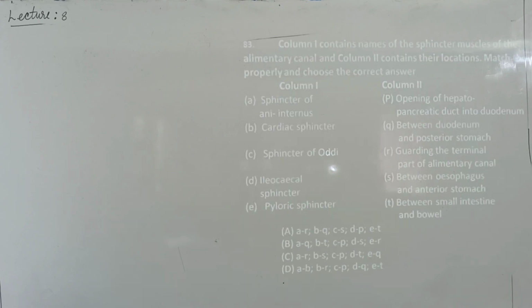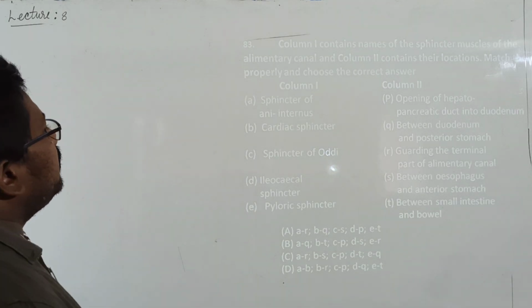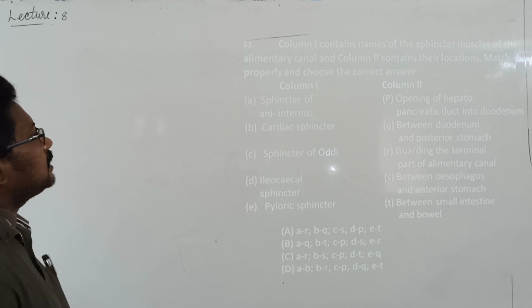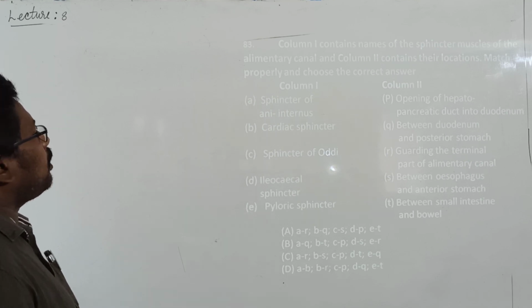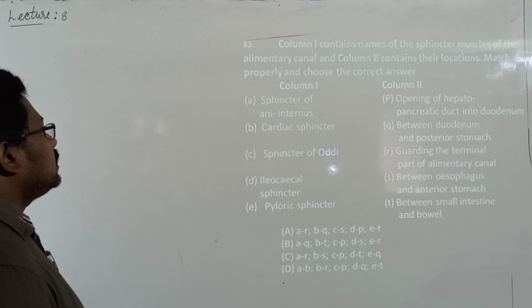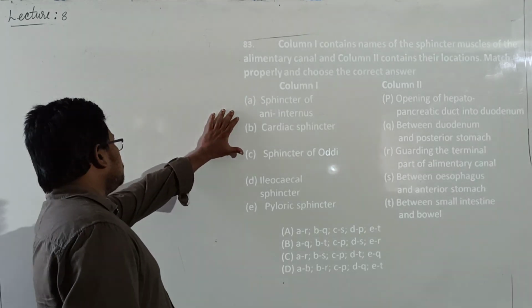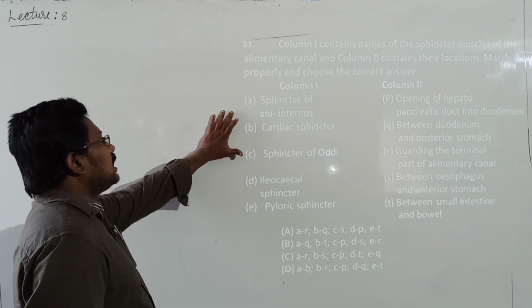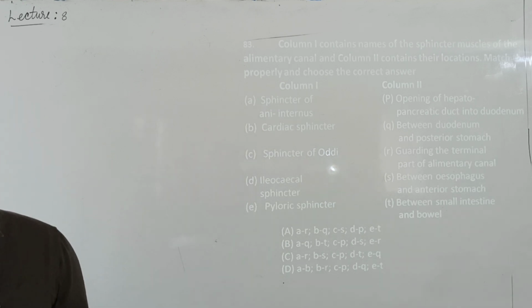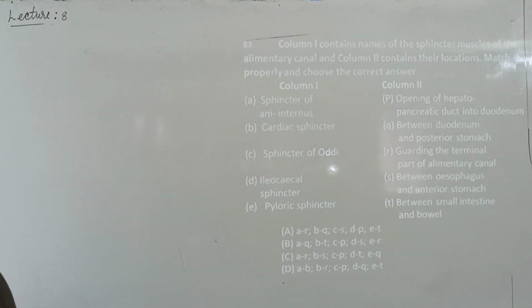Then let us see here, column 1 contains the names of sphincter muscles of the alimentary canal, and column 2 contains their locations. Match them properly and choose the correct answer. The first one is the sphincter ani internus, the internal anal sphincter.